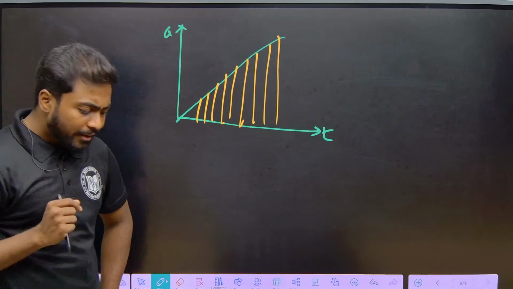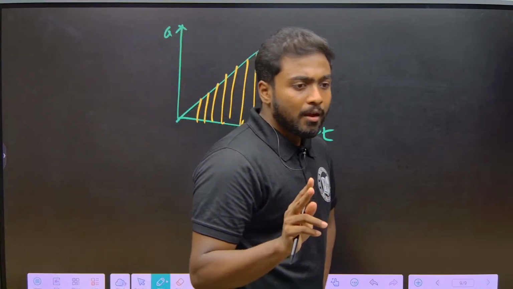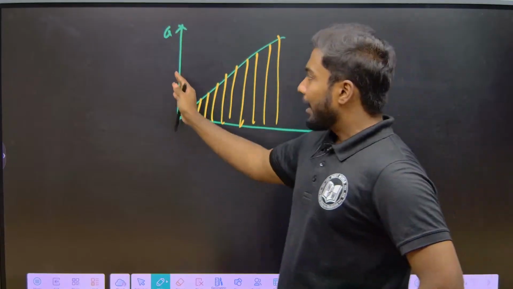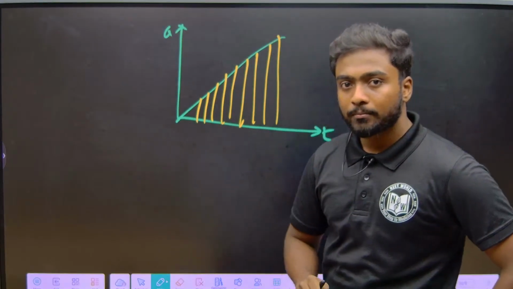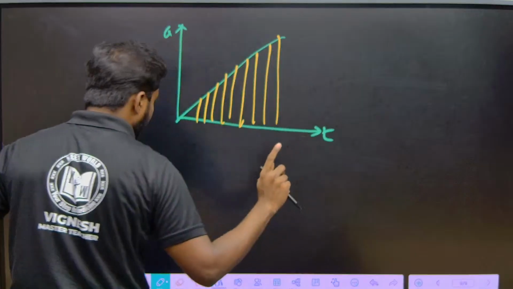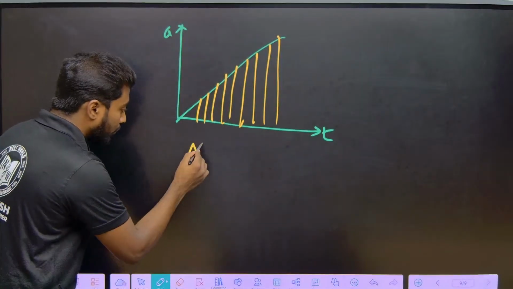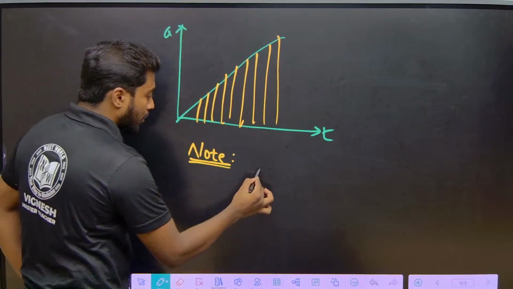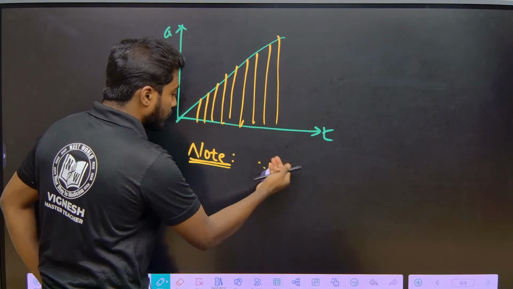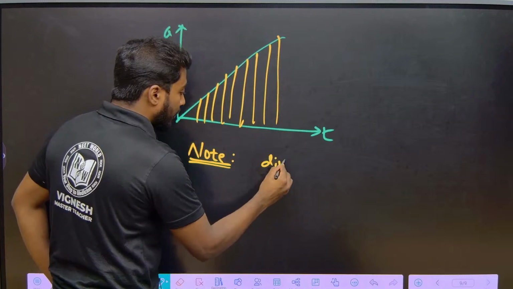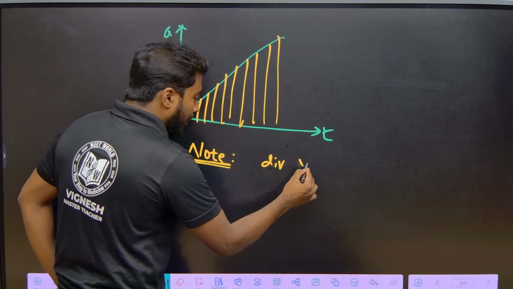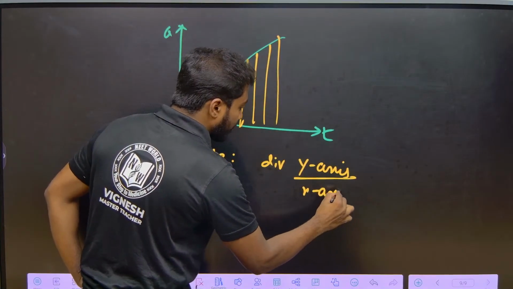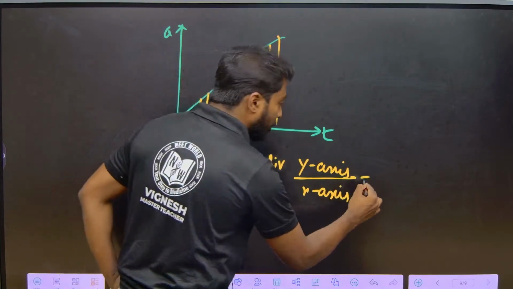I'll give a simple trick, guys. Whenever you divide the y axis by the x axis, you will get a slope. Okay, see, listen. I'll take a note point. Whenever you divide the y axis by the x axis, you get a slope.